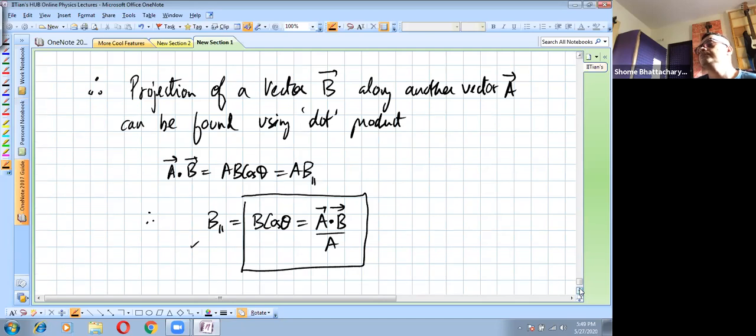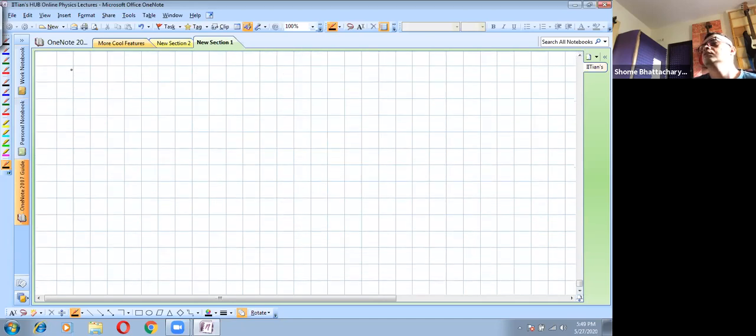So for example, I have this vector B, which is I cap plus J cap plus K cap, and I have the vector A, which is 2I cap plus 2J cap.